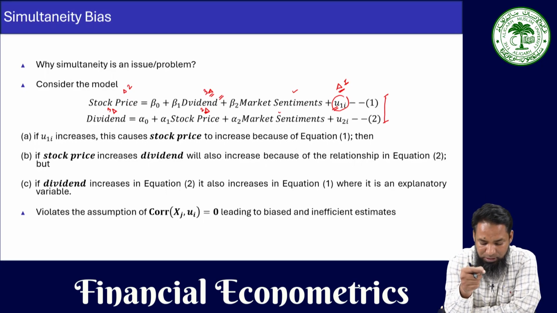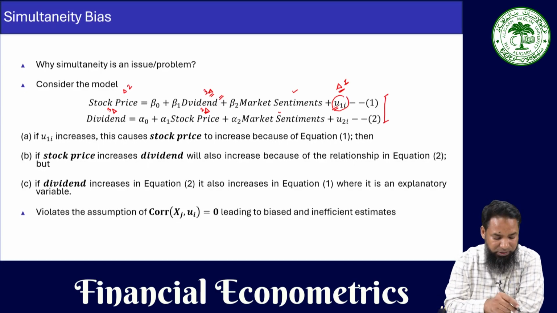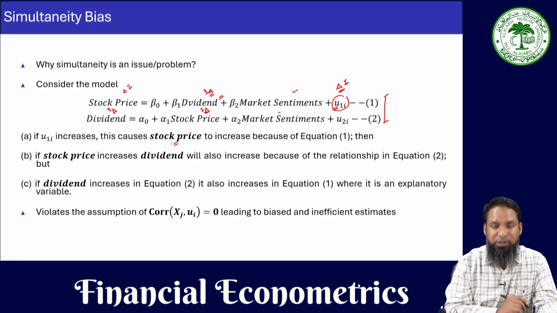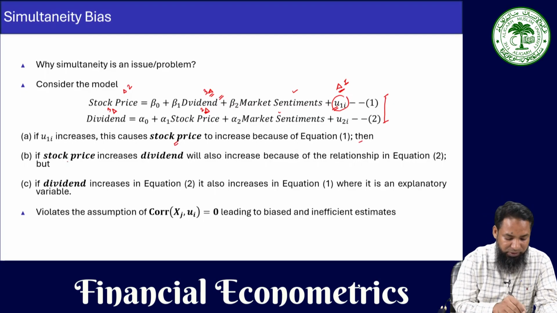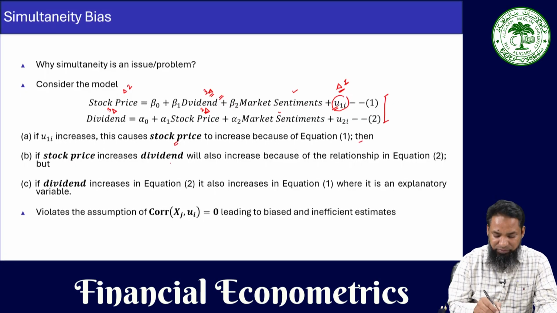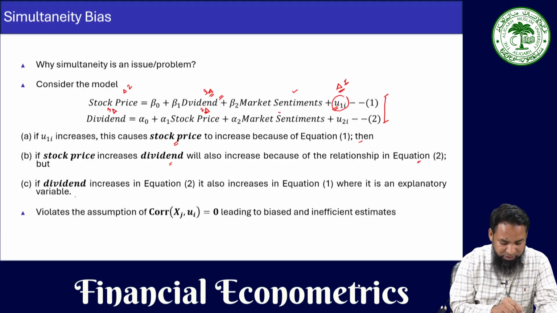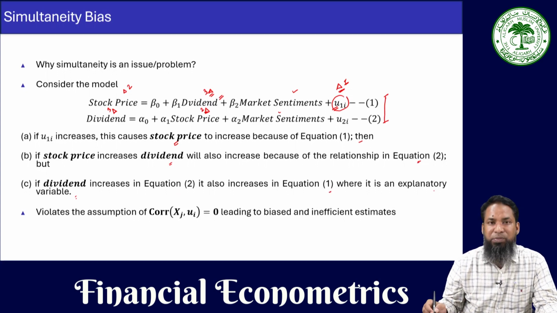To understand better, let us see here. If there is a change in the error term, this increase will cause an increase in the stock prices because of equation 1. Then if the stock prices increase, the dividend will also increase because of the relationship in equation 2. Now if the dividend increases in equation 2, it also increases in equation 1, where it is an explanatory variable.